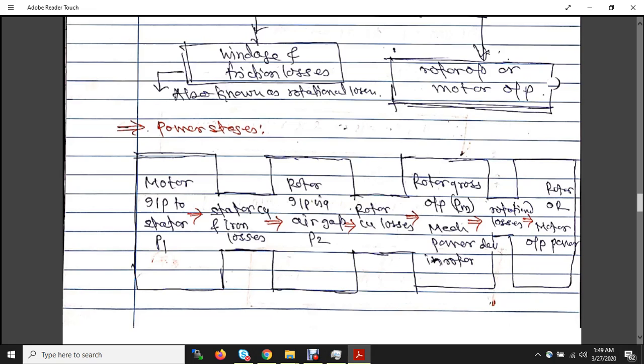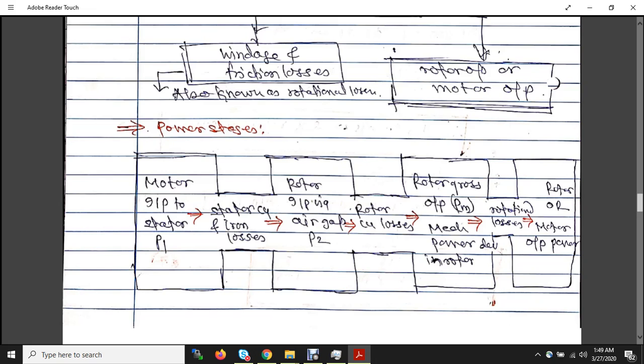Now from this, if we subtract the rotational losses or mechanical losses, we will get the rotor output or motor output at the shaft. So if we travel from input to output, from left to right, we have to subtract the losses, and finally we get the power at the shaft, that is the output power. From this we can find the efficiency. The efficiency equals the output power at the shaft divided by the input power at the stator.